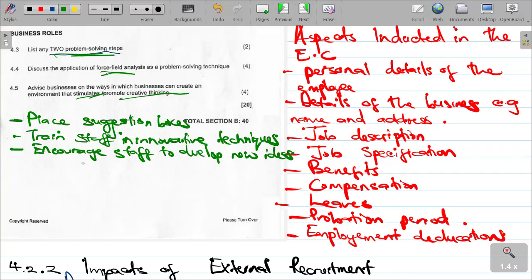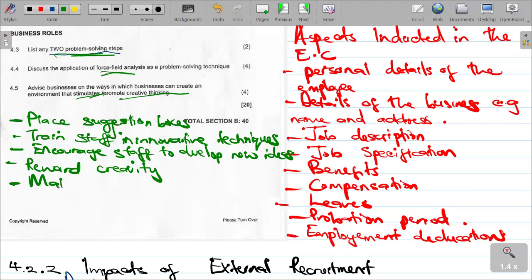The organization has to reward innovation and creativity by offering maybe a reward scheme. They're supposed to make time for brainstorming sessions.